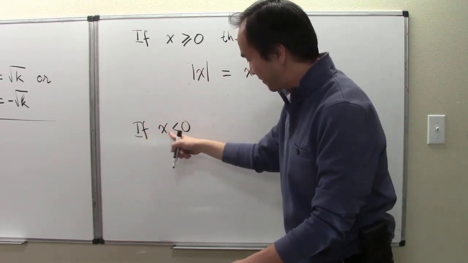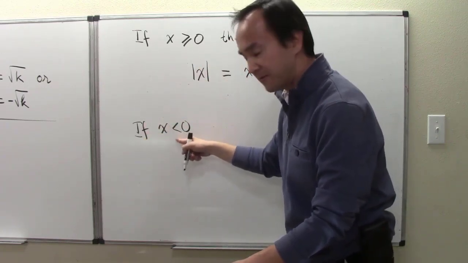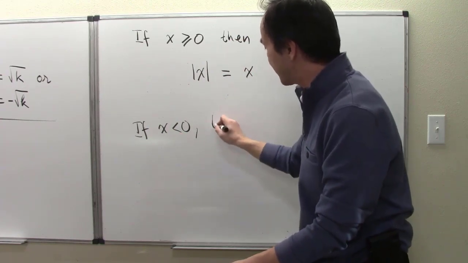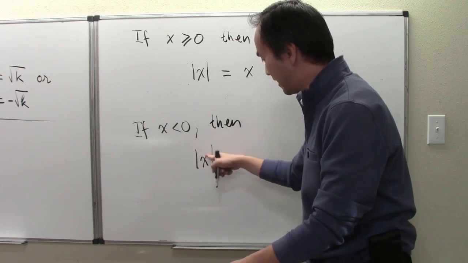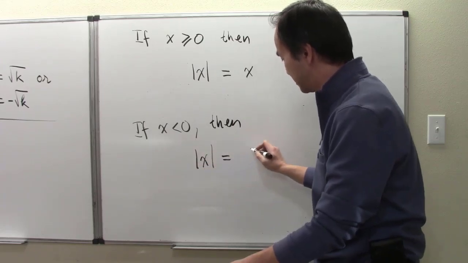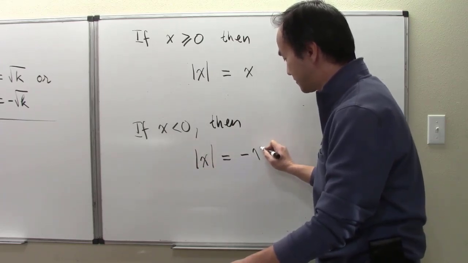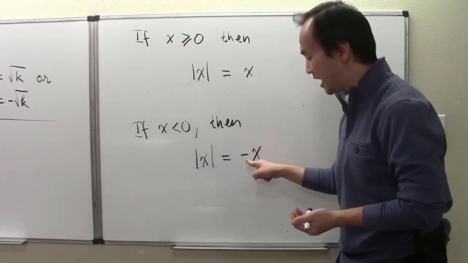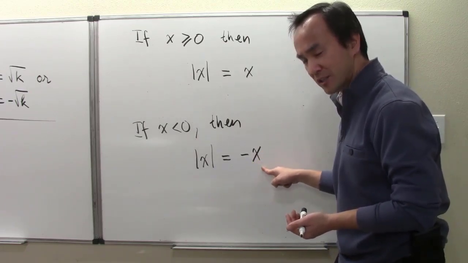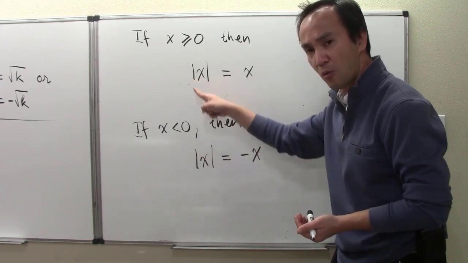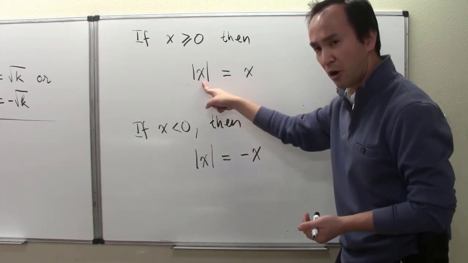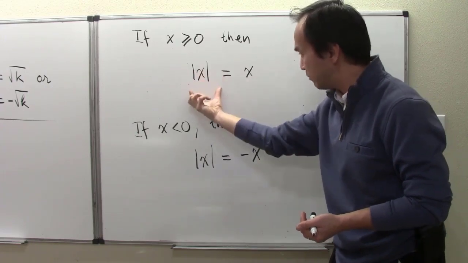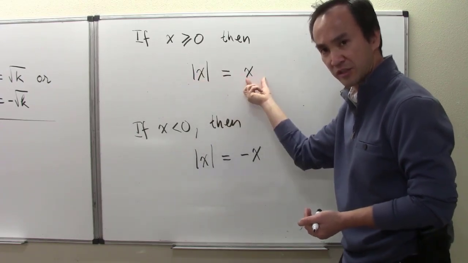Or if the value for the unknown is a negative, then taking the absolute value of the unknown means it's going to be negative of x, the opposite value of x, because the whole purpose of absolute value is always to purposely get a positive value. So if the unknown is already positive itself, then taking the absolute value is no different from just the value itself.